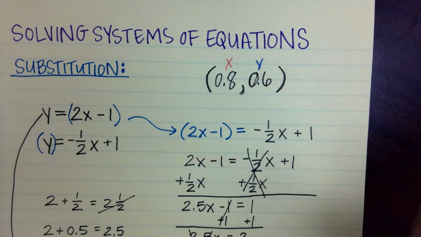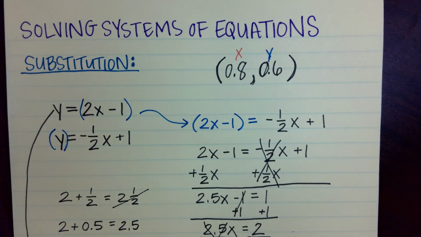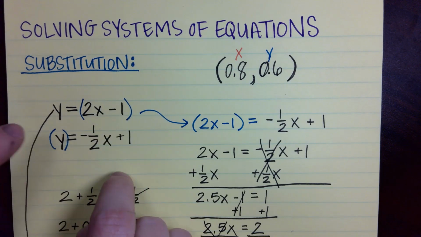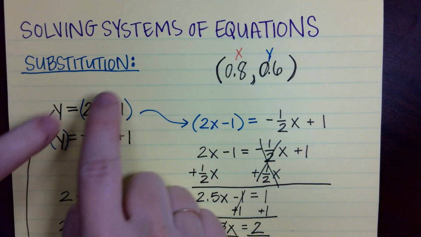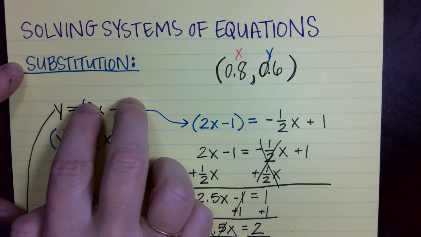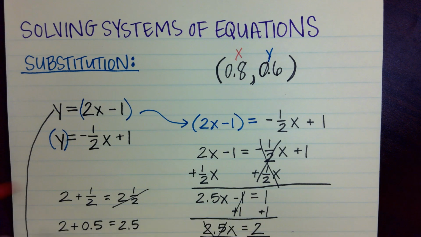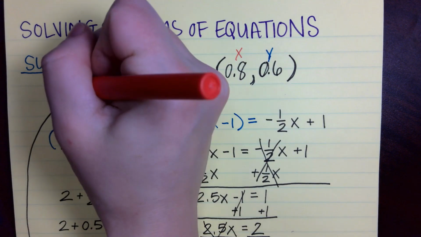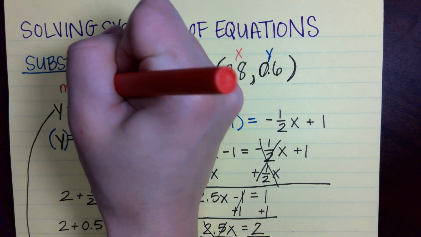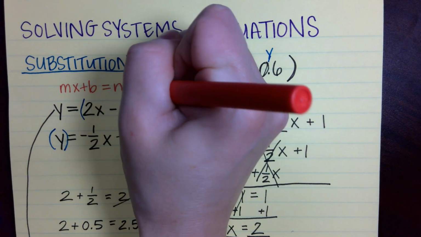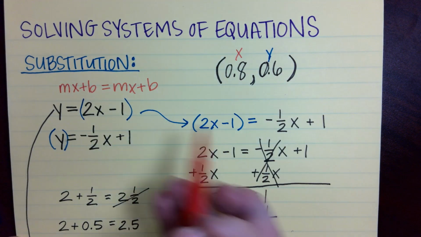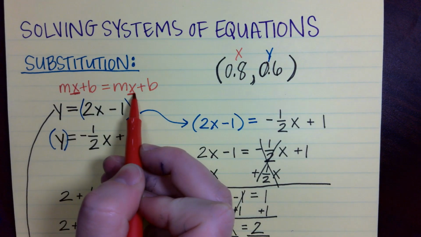Same answer. So what you're really doing here is when you have these two equations, you're just going to flip-flop the other half of the first one and put it in front of the second. You're doing mx plus b equals mx plus b, and you're solving for x first.